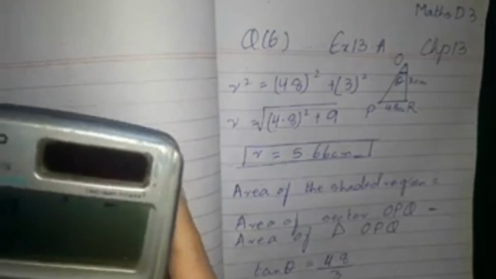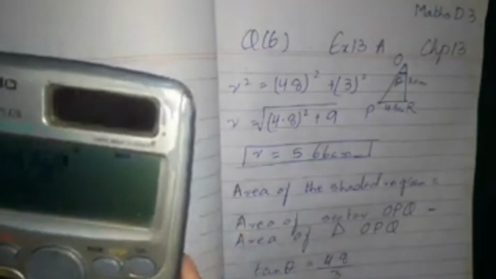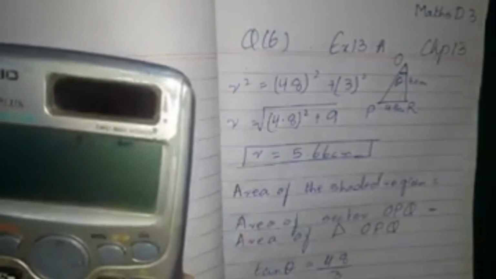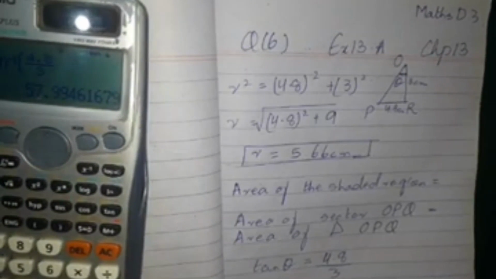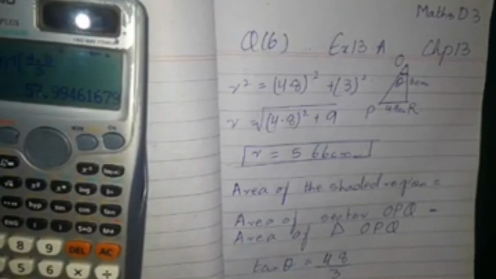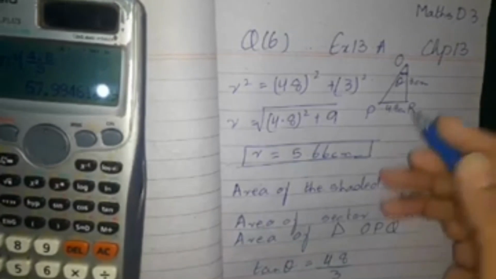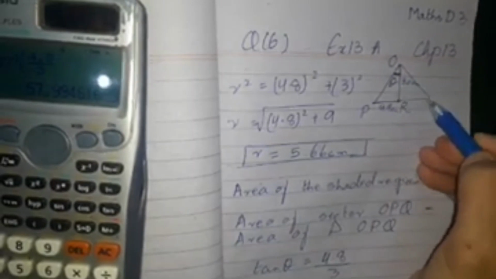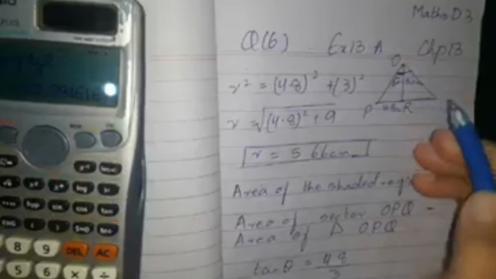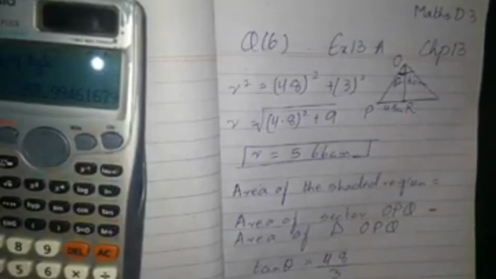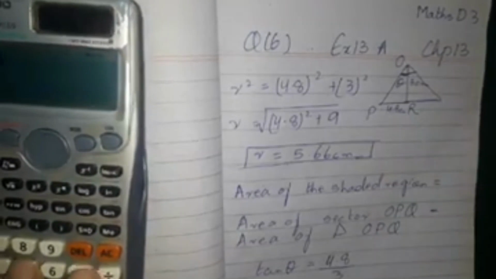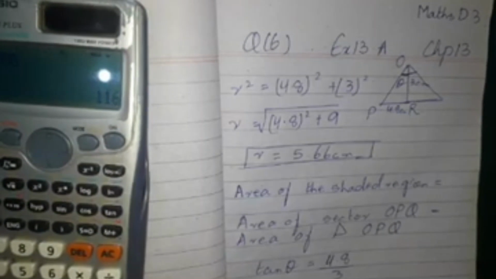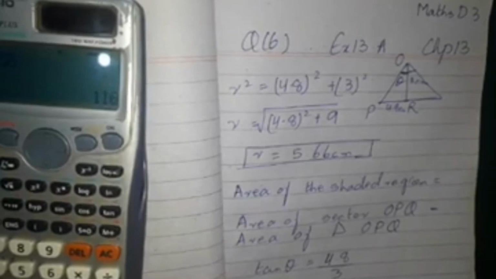So tangent inverse of 4.8 divided by 3, we get 57.99, or you can write simply 58 degrees. But this is only one angle theta and there is also another triangle. So the required total angle will be twice of theta, which is 2 multiplied by 58, 116 degrees. Okay.